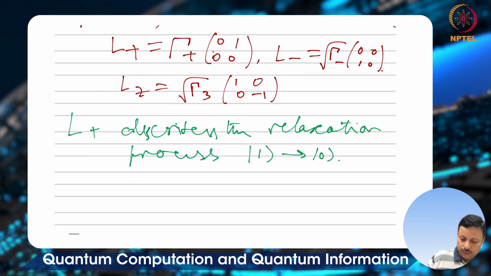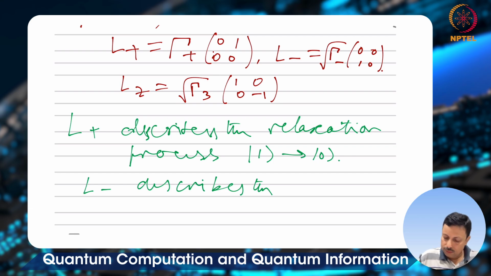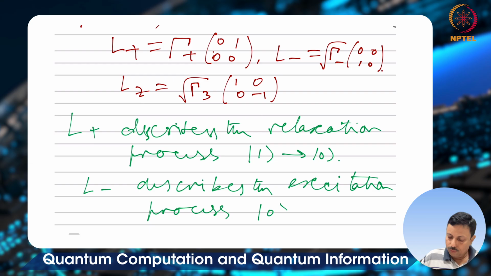And your L minus describes the excitation process, where the system goes from 0 to 1.